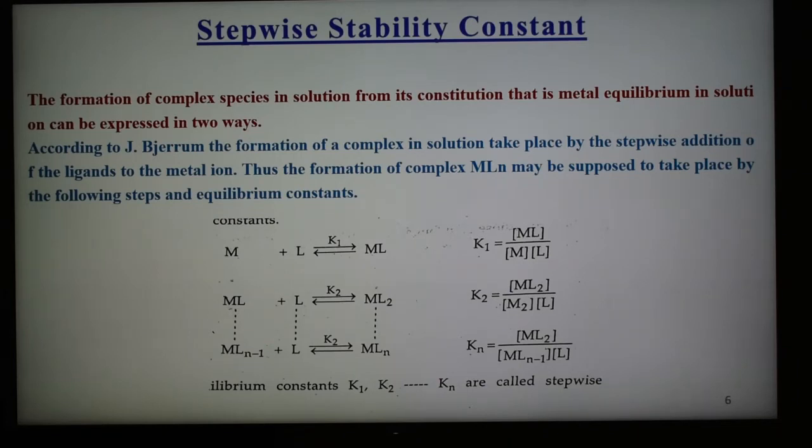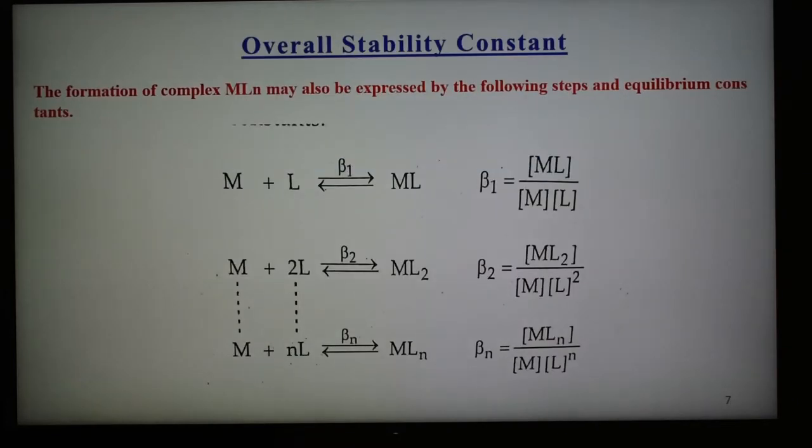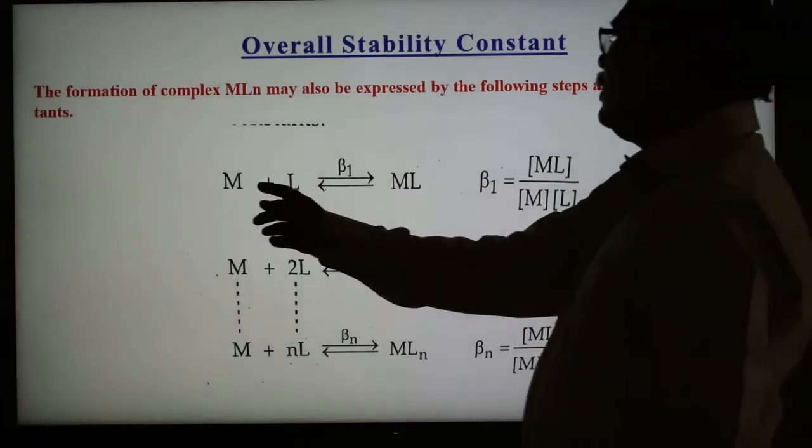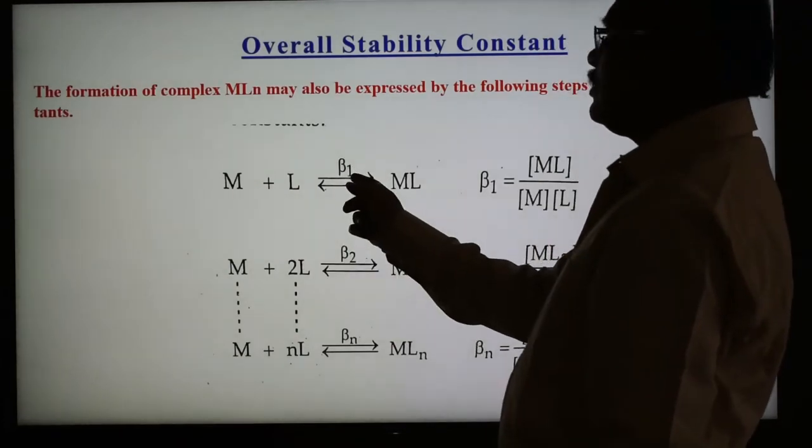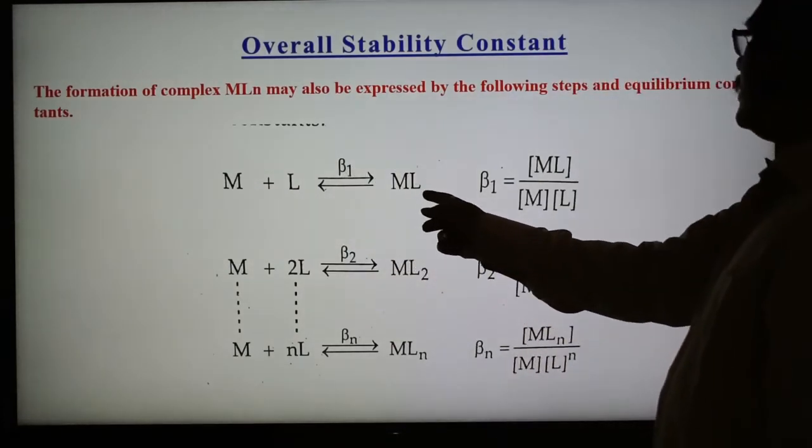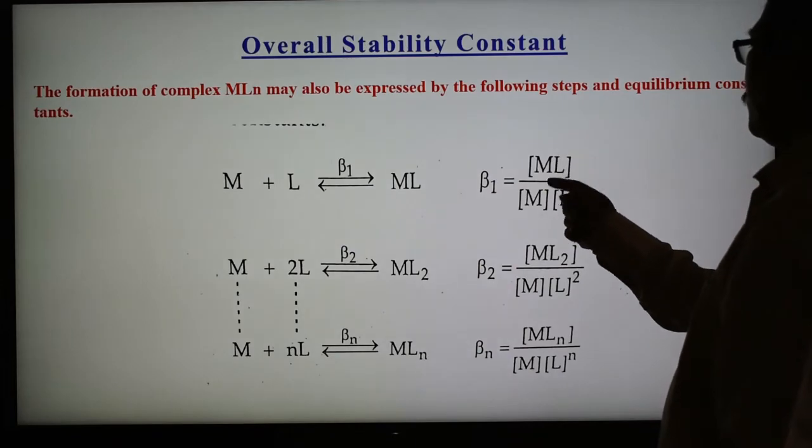And the second way of expressing stability constant is the overall stability constant, and the formation of complex MLn in general may also be expressed by the following steps. Here, metal plus ligand is expressed by beta 1, where ML is the complex formed, and beta 1 equals product upon reactant.